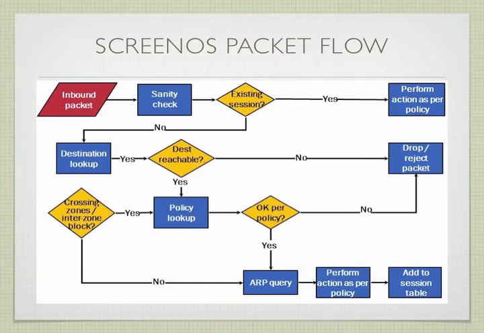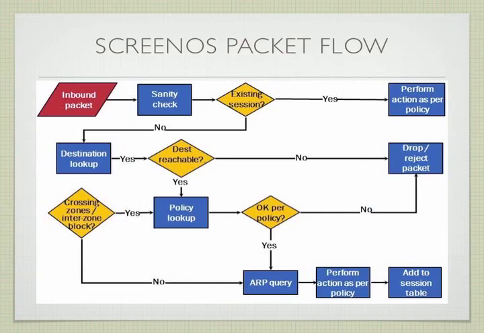So we have a from-zone to to-zone, and we look up the policy. If the policy does not exist, the default action is not to allow it. So if there is no policy, it will be dropped.